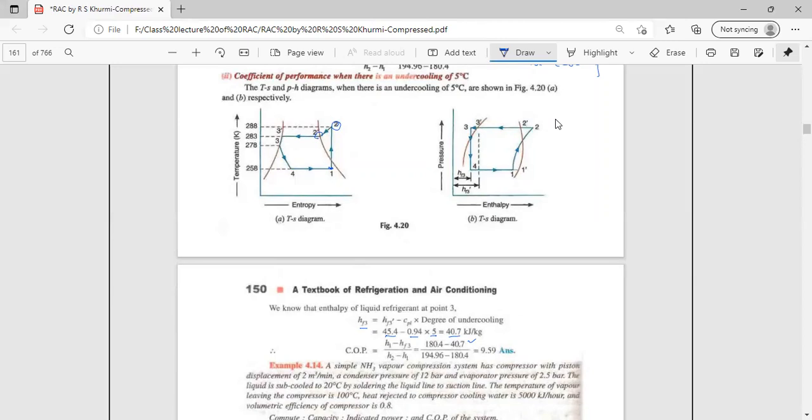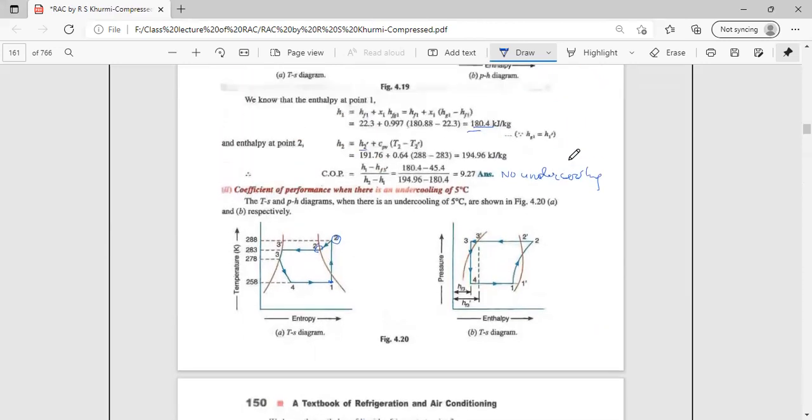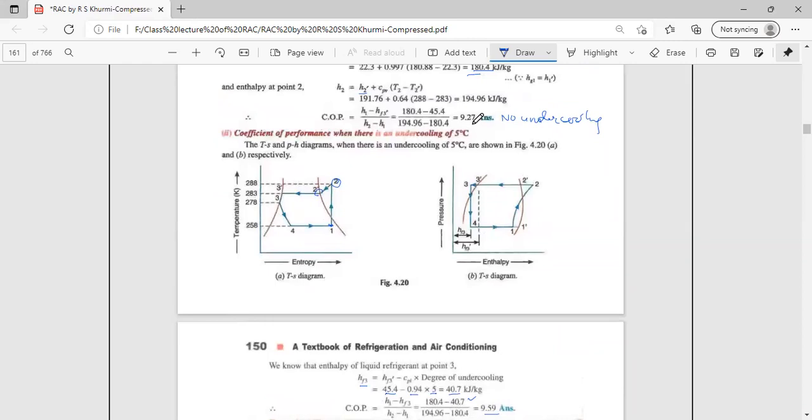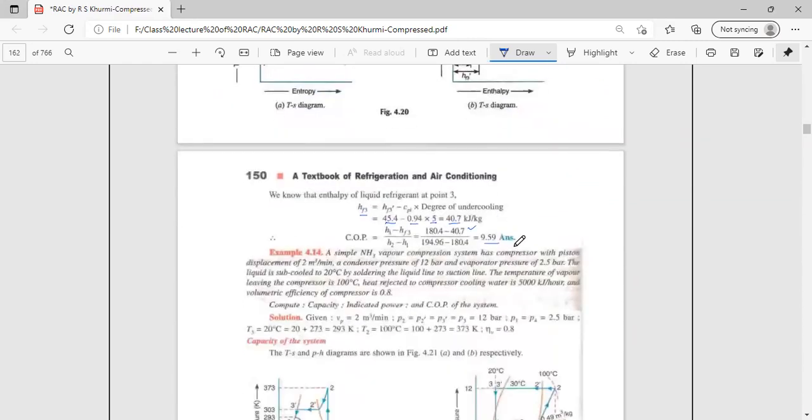This COP is 9.59. So what we have found here is that without undercooling the COP becomes 9.27, but with undercooling it has somehow increased to a certain extent, which is equal to 9.59 itself.